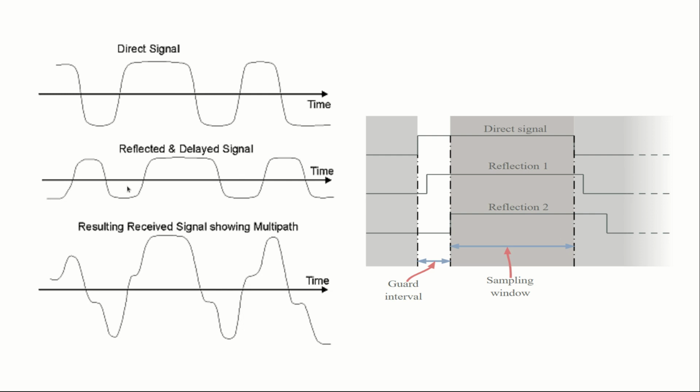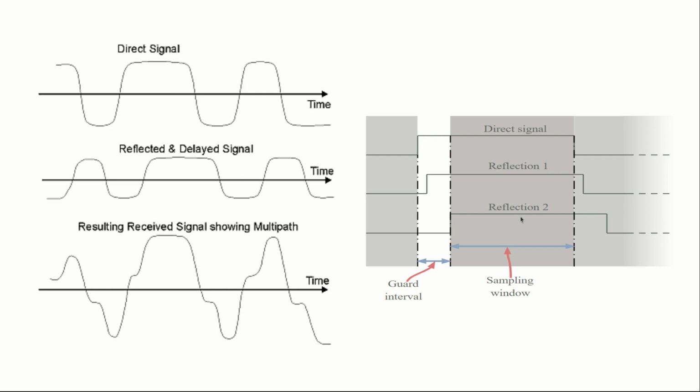When it hits an obstacle, it will reflect, and due to that reflection there will be a delay in propagation. We are expecting the signal at this time, but it occurs at a slightly delayed time. Slightly it is taking more time. That's the reflection one.